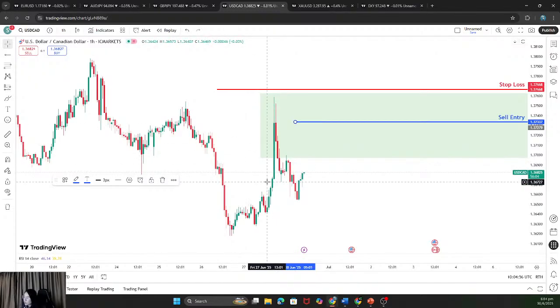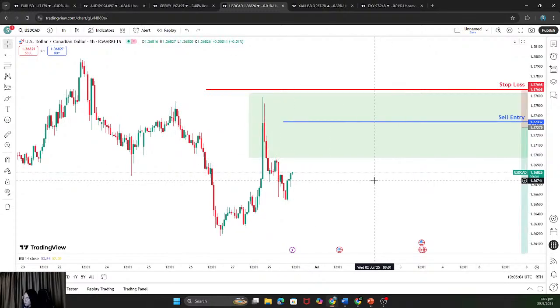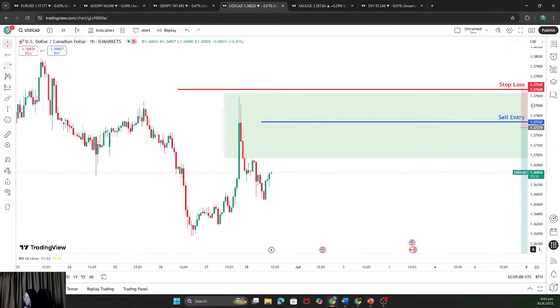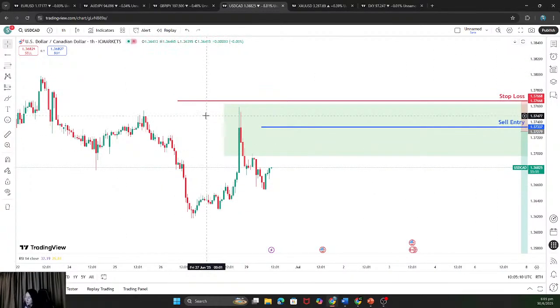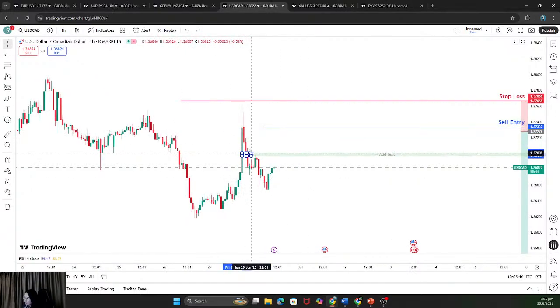Now I see it. It's even clearer now that I'm on a smaller time frame. I think price might not even get there, honestly. Price might just come here.